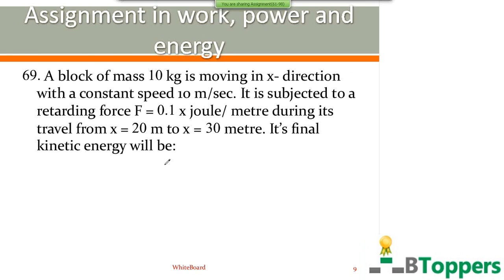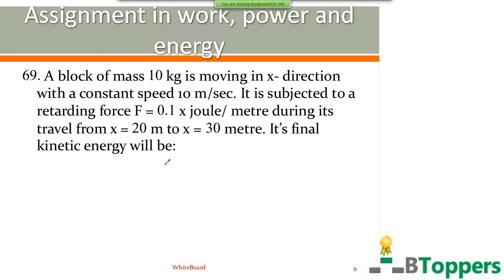See question number 69. A block of mass 10 kg is moving in the x direction with a constant speed of 10 meters per second. It is subjected to a retarding force F equal to 0.1x joule per meter during its travel from x equal to 20 meter to x equal to 30 meter. Its kinetic energy will be?